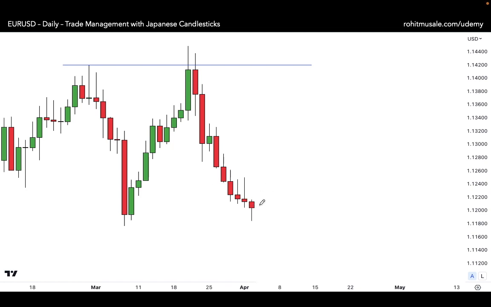Okay, now you have something which resembles a hammer. Why do I say resembles? Because strictly for a hammer, the height of the lower shadow must be at least twice the height of the real body. Now, in this case, if you zoom in and try to measure, I think it satisfies the condition for a hammer. But if you have to really go and zoom in and measure, then it is not a hammer.